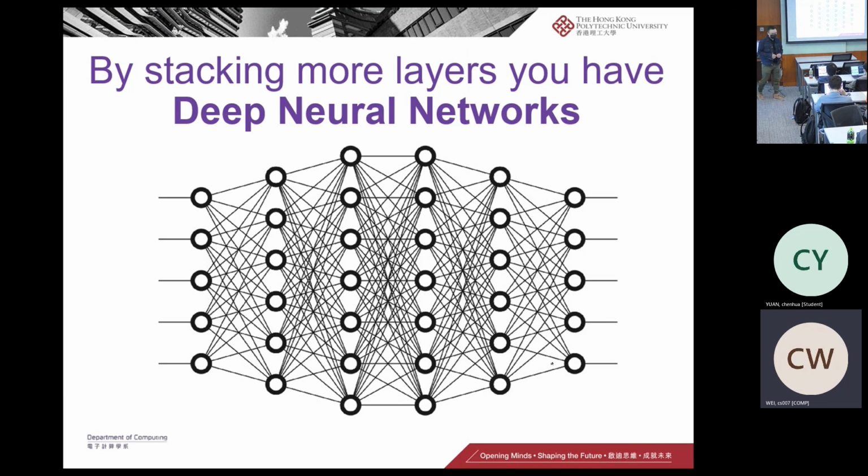And deep neural networks, with neural networks in mind, are just more complex neural networks which have more layers and more nodes. Conceptually, there is nothing new compared to before. So why did it take decades for people to figure out deep neural networks?